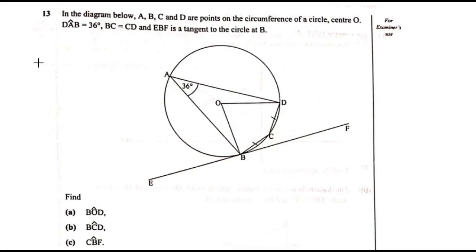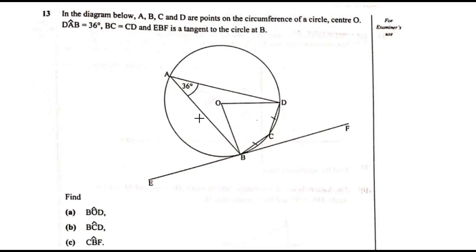Now we have particularly great lessons on circle geometry. If you are part of the tuition, definitely you will understand that we've done this a number of times before, and this should be a particularly easy question.